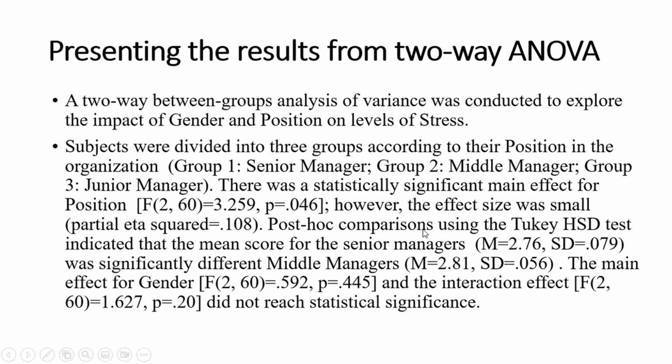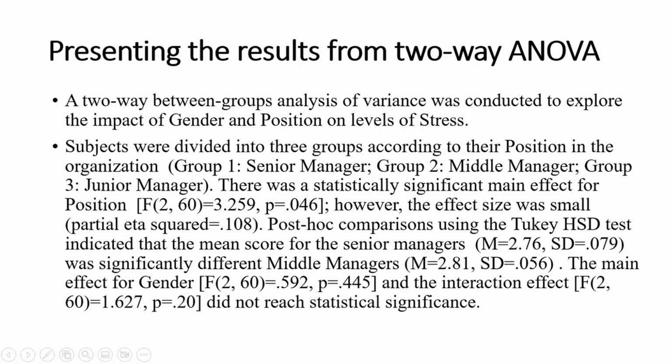Post hoc comparison using Tukey HSD test indicated that the mean score of the senior managers, 2.76, was significantly different from middle managers with mean value 2.81. The main effect of gender and the interaction effect did not reach any statistical significance.